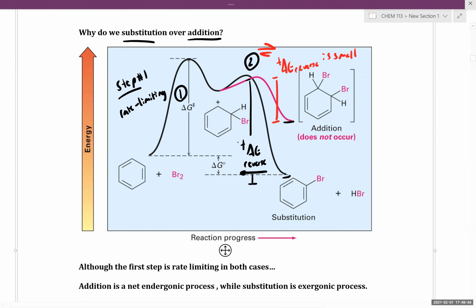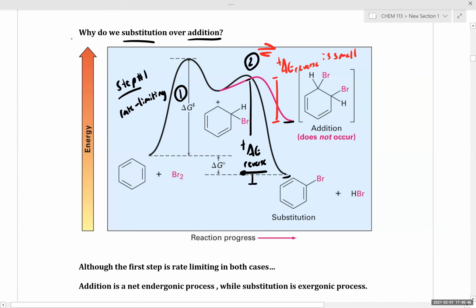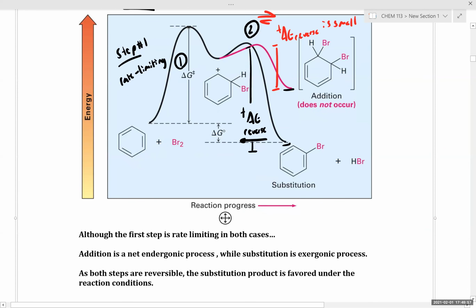Does that logic make sense to everyone? Does that explanation make sense? So essentially, as both steps are reversible, the substitution product is favored under the reaction conditions.